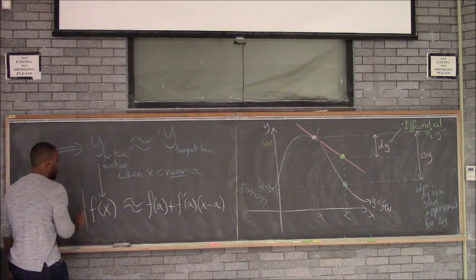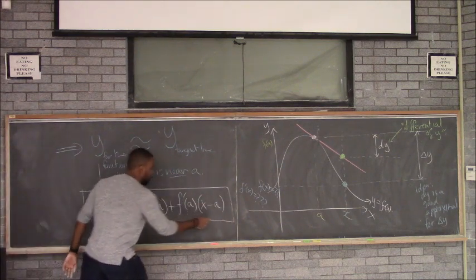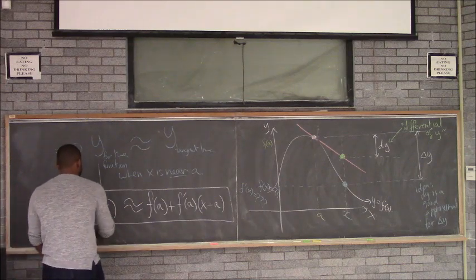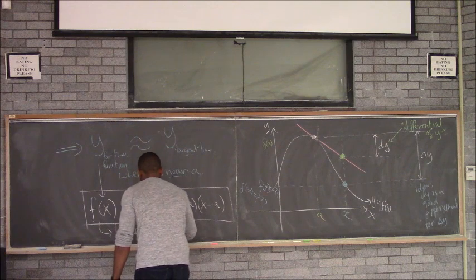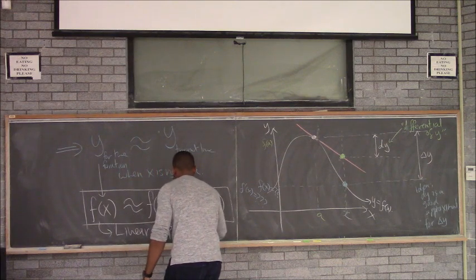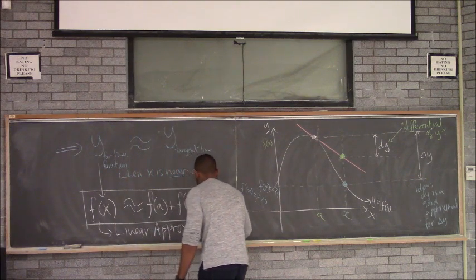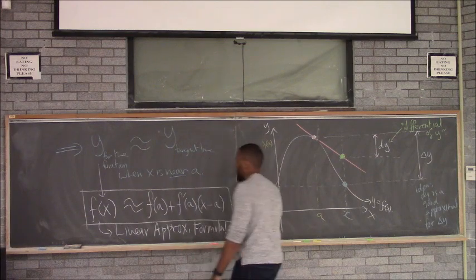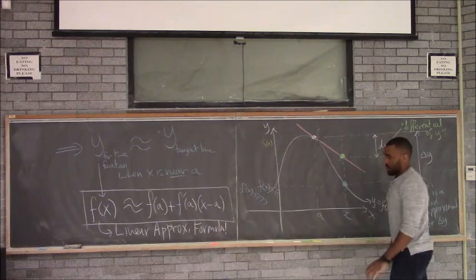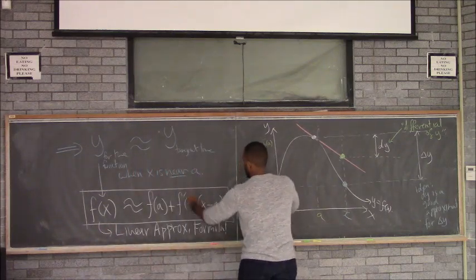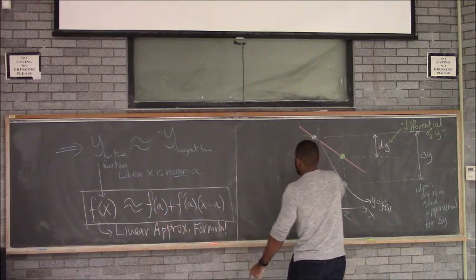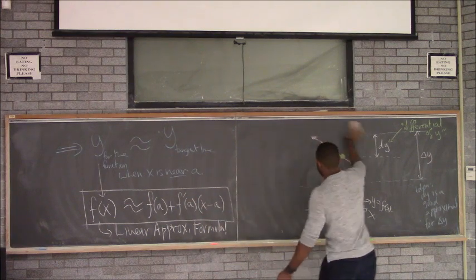So this formula is the formula of interest here. It's called the linear approximation formula. And sometimes the right side, we call it some function on its own.